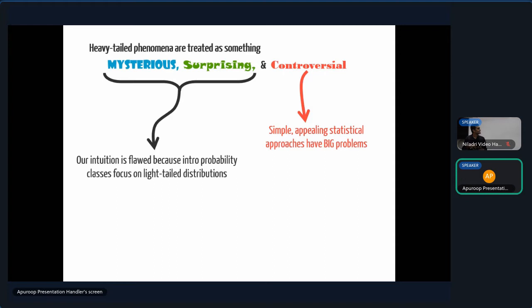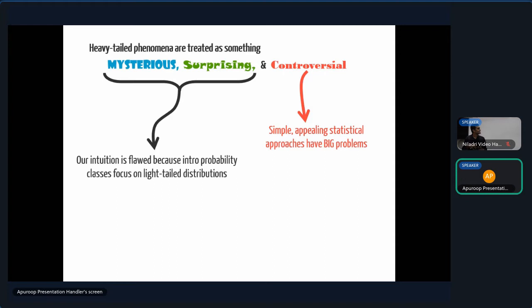Like this is one example. This was a very celebrated paper from around the year 2000, which claimed, based on some measurements, that the internet topology, the degree distribution of the internet, was actually power law or heavy tail. I'll define what this means in a bit, and this paper was very widely cited.